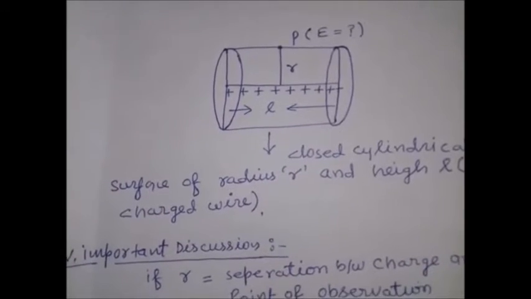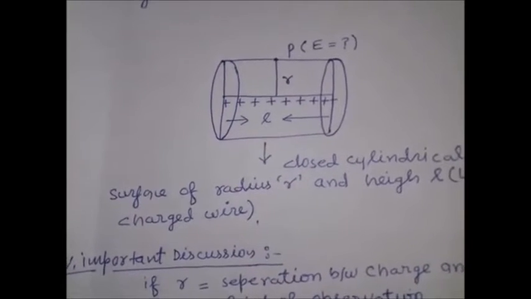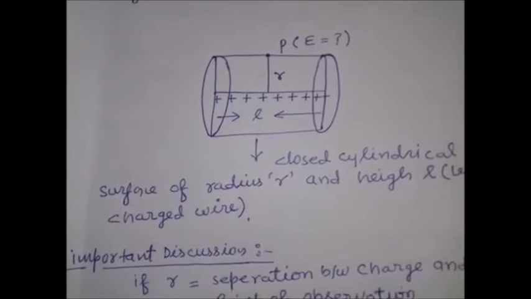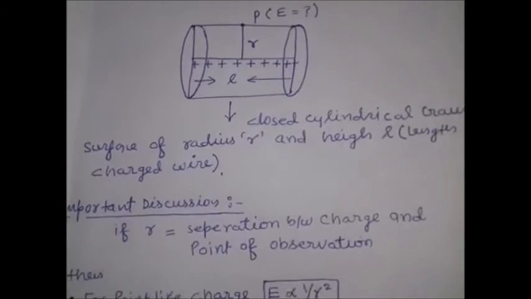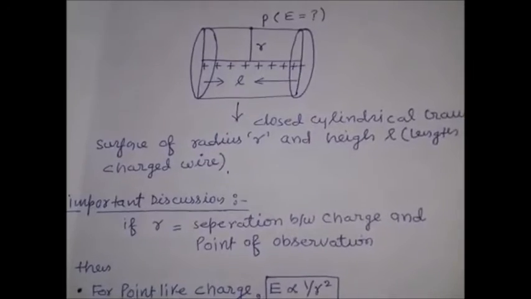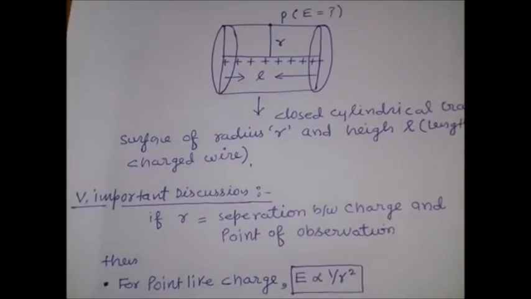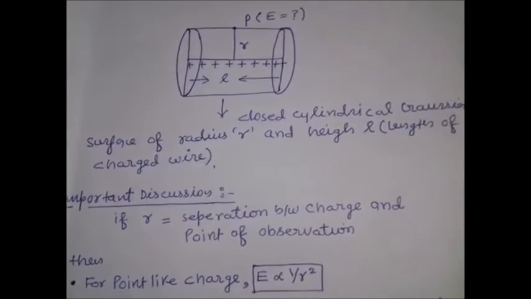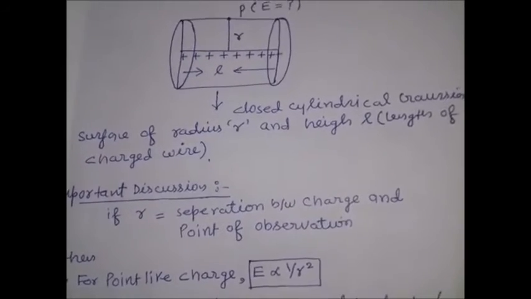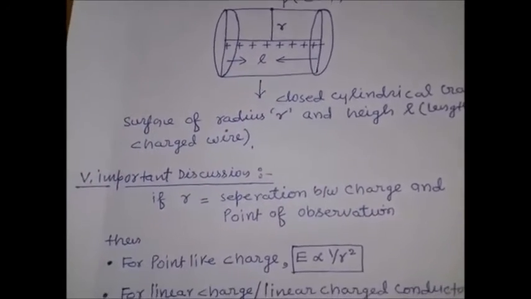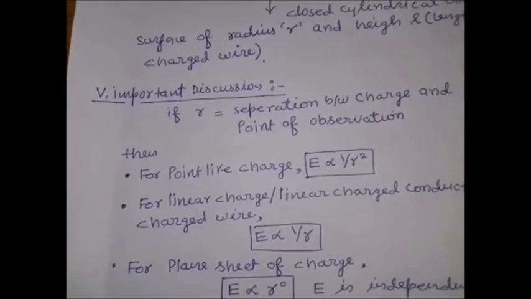Now the Gaussian surface in that case would be cylindrical and must pass through the point of observation P. So here your Gaussian surface is a closed Gaussian surface of radius r and height L, which is the length of the charged wire.